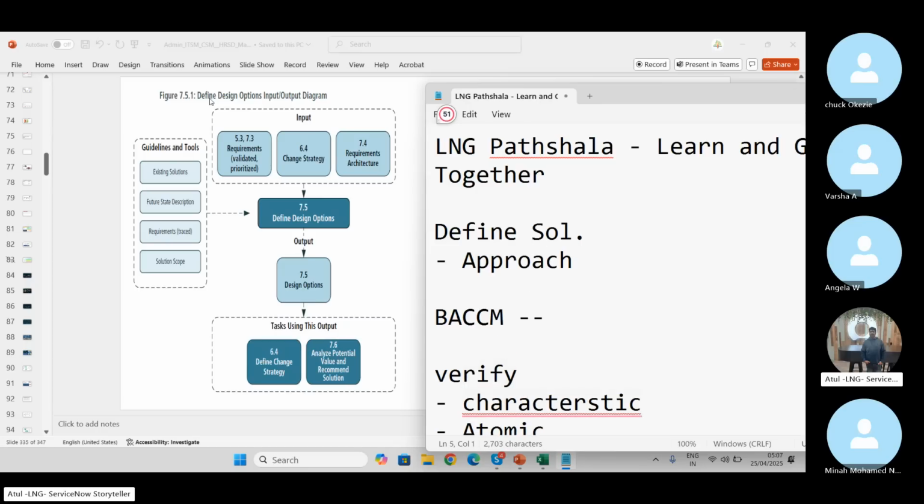In the approach, it says that the solution should be built, purchased, or mixed. Simple example: it's my wife's birthday. Now I have three options.